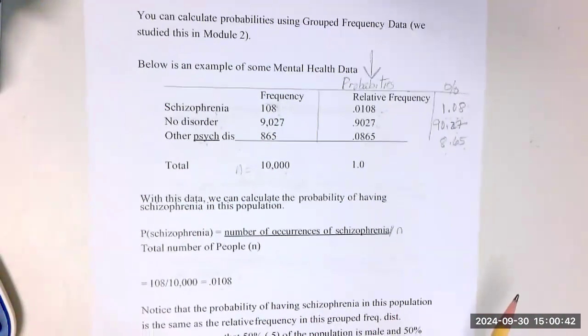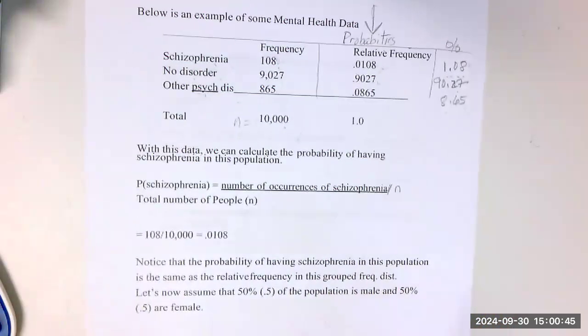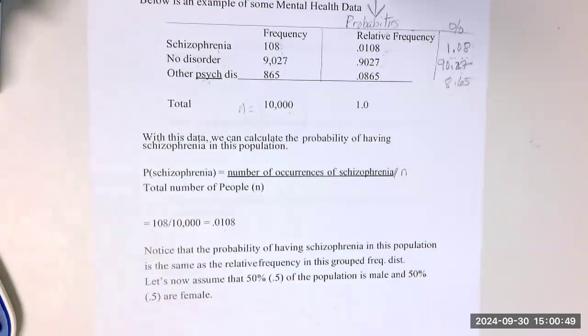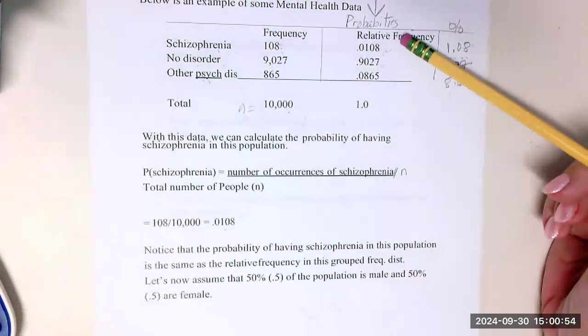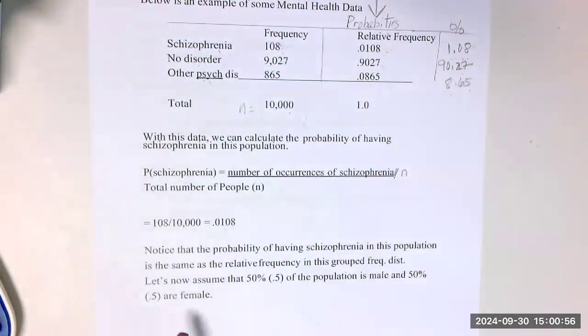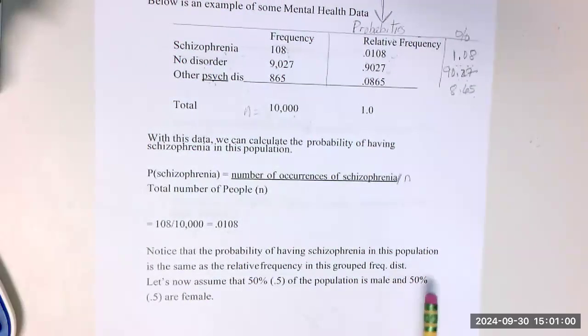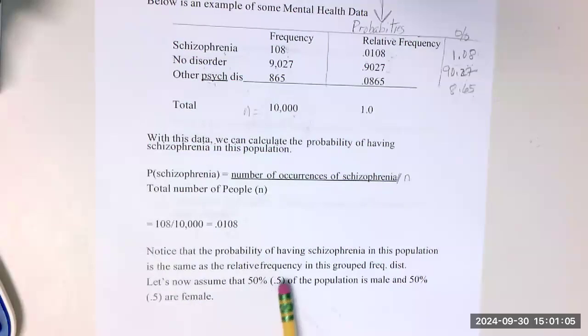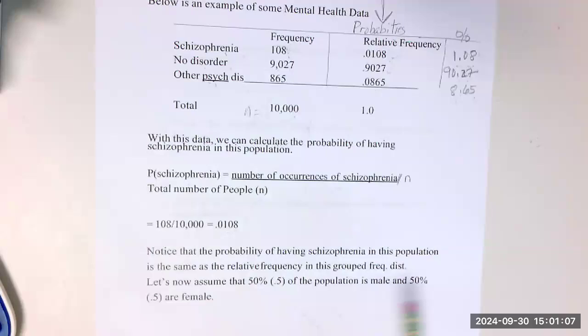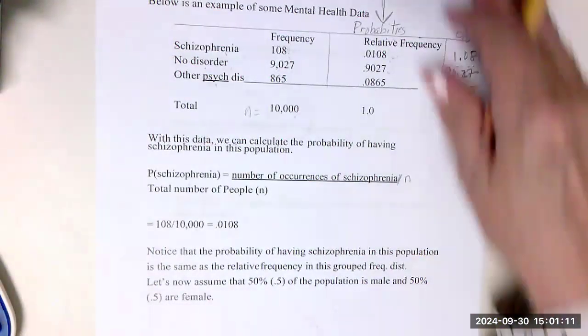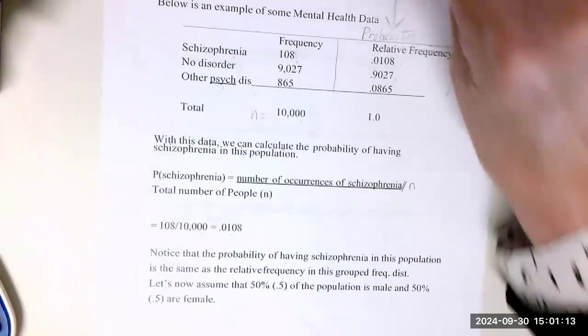Okay, so let's work with this a little bit more and then we'll be done. Notice that the probability of having schizophrenia in this population is the same as the relative frequency. Now let's assume that 50% of the population is male and 50% is female. So 0.5, that's the same thing as 50% male, and 0.5, same thing as 50% female. Let's see if we can answer these questions.